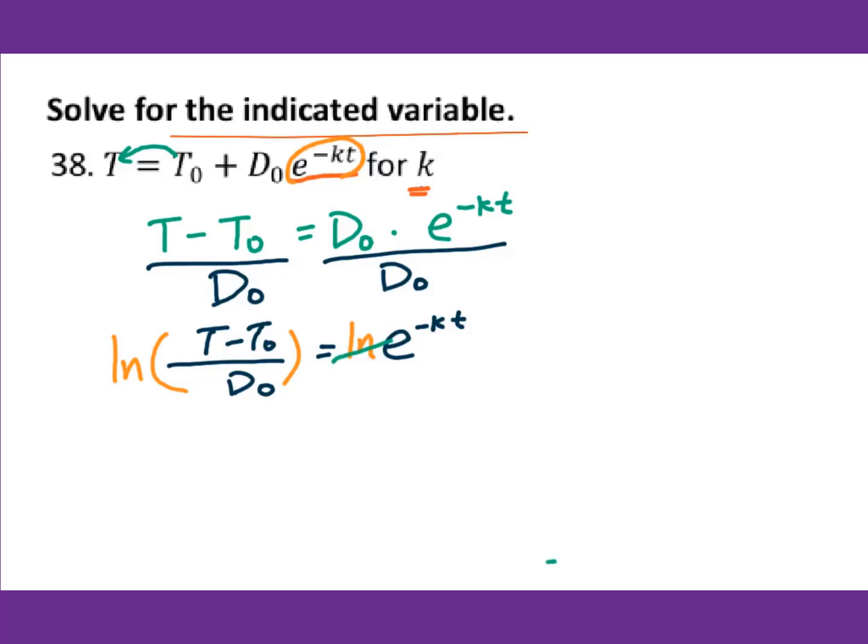We got negative kt equals natural log of t minus t0 over d0. Since I'm looking for k, we divide by negative t on both sides.